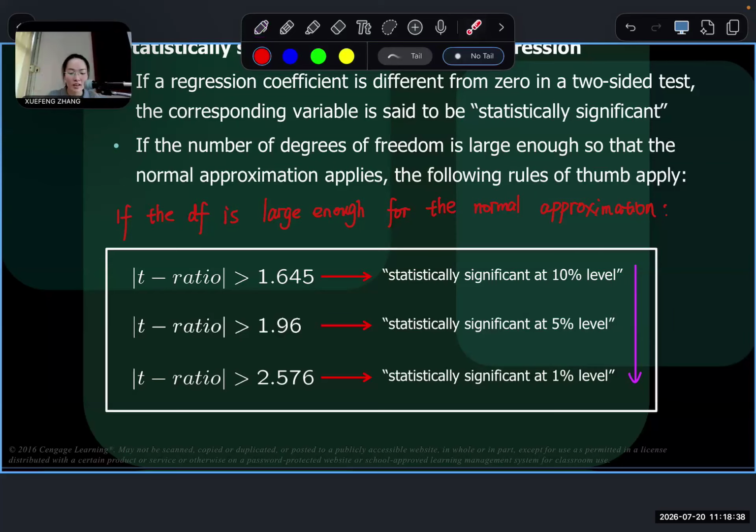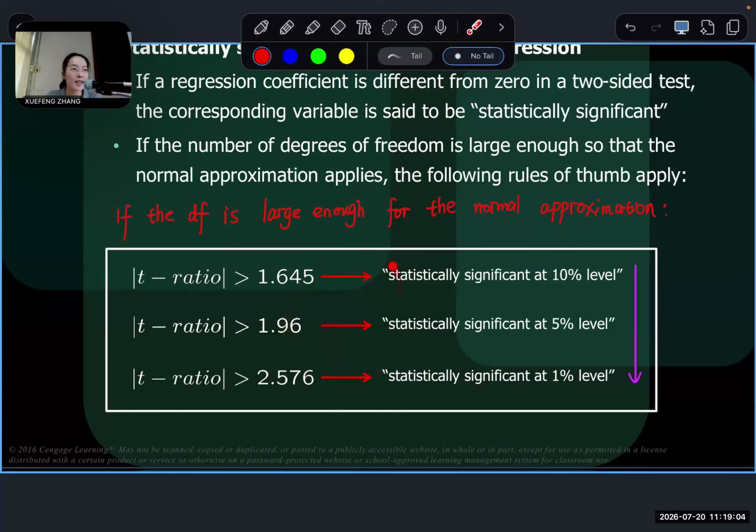Okay, so when you do your paper, actually, you need to use those critical values to determine whether your variable is statistically significant or not, all right? You'll see those values constantly, okay, in this course and in every empirical paper you read.